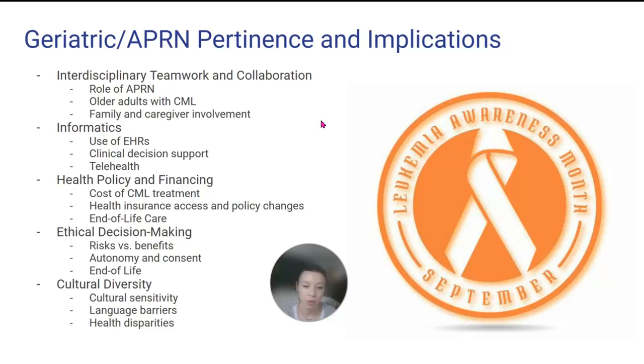Cultural diversity, of course, we need to respect the different cultural viewpoints of these patients, what it is that they value and what it is that their care plan goals are. Also, again, socioeconomic status, we need to be considering whether or not they can afford it, and how we can go about helping them in those case scenarios.